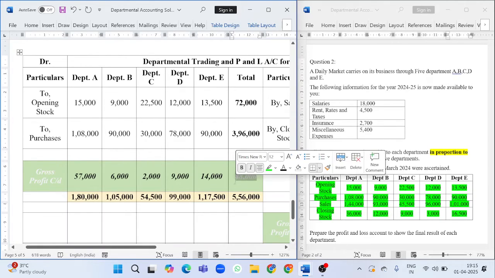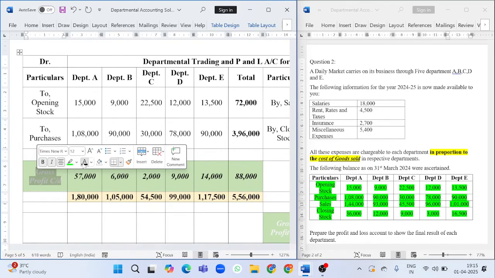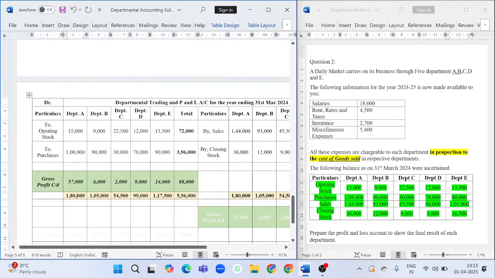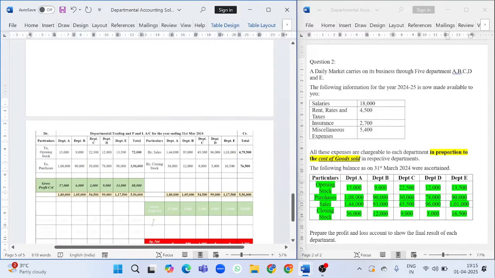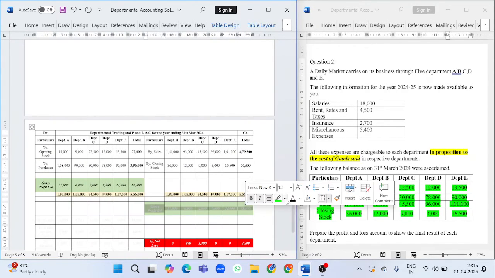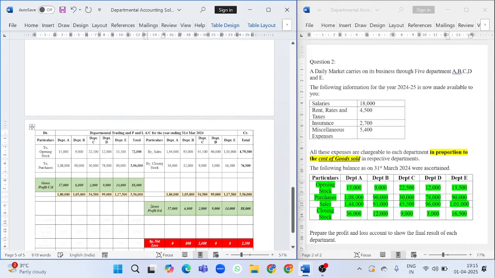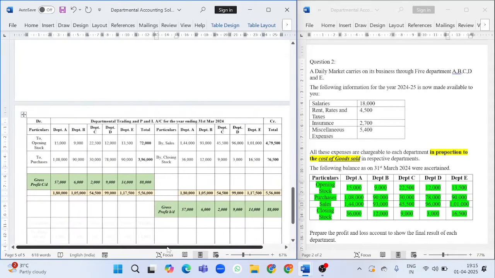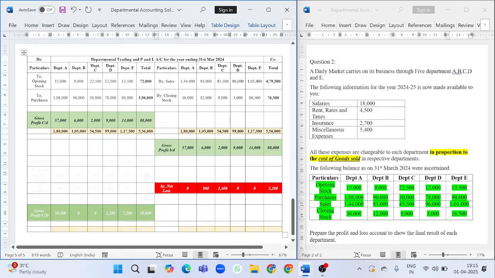So when you do the total of this, you will get 88,000. Yes, and this is nothing but your gross profit carried down. Now the same gross profit I will have to bring down to the credit side, because now I need to start preparing the P&L account.